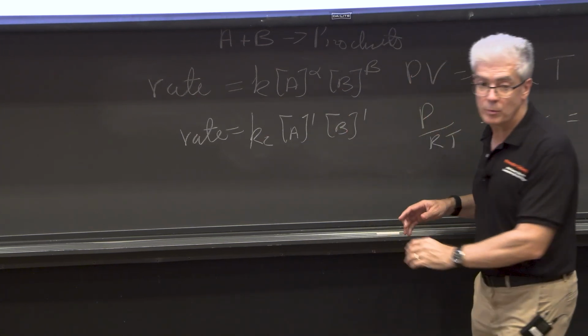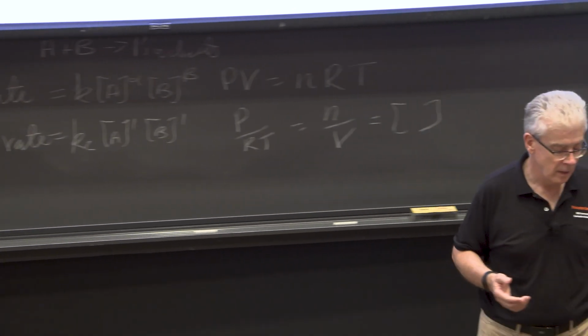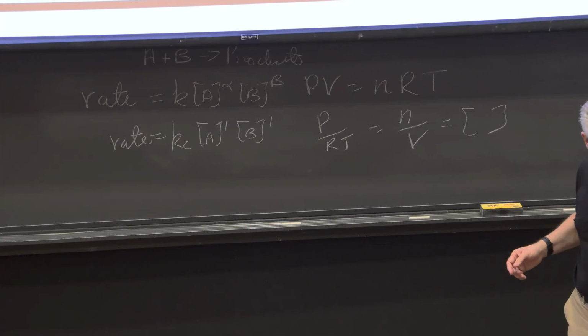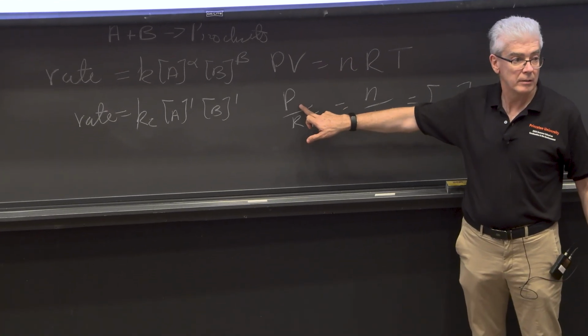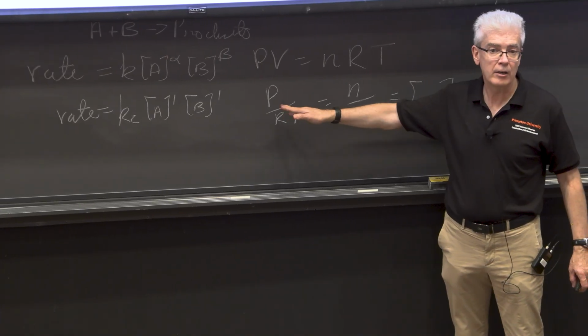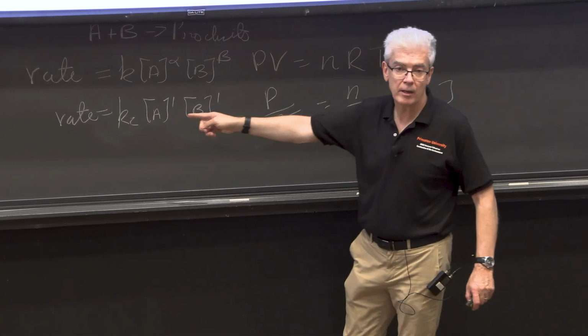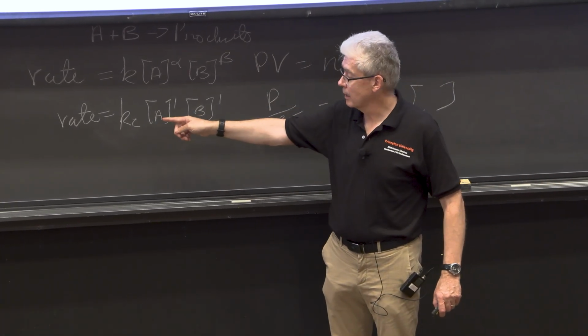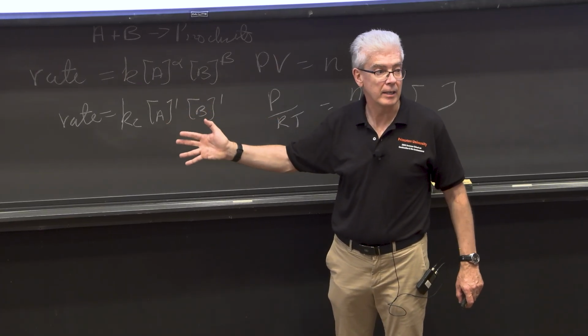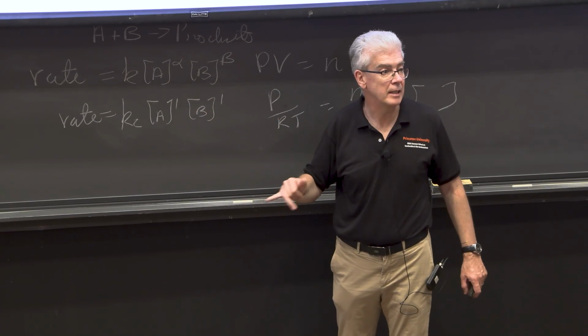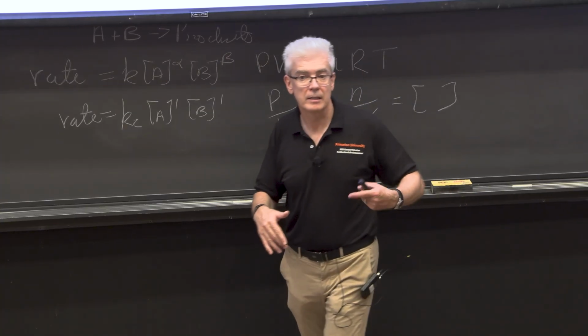It's not necessarily true, but let's just say it is, okay? Then if we increase the pressure linearly, there's going to be a linear increase in the rate. Why? Because the concentration of A will increase linearly, and the concentration of B will increase linearly. Okay, so there'll be that increase.